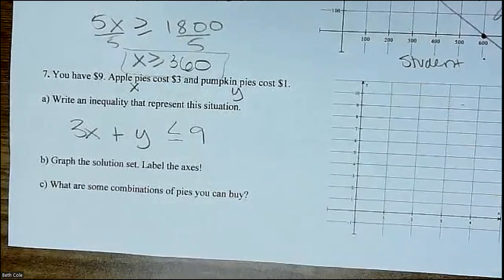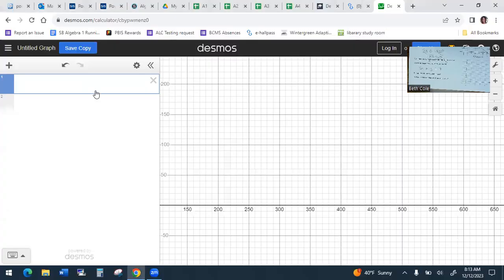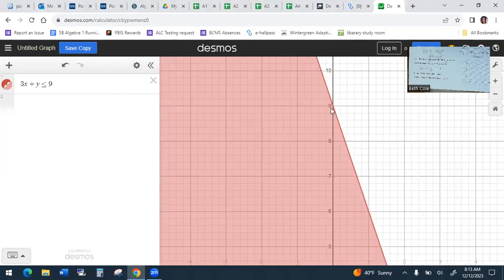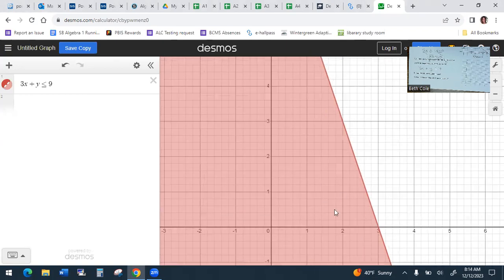So I'm going to share my screen and we'll go and type that in. So 3x plus 1y is less than or equal to 9. I'm gonna hit the home button to put this back in the center. So it's gonna start at 9. And our slope is down 3 over 1.